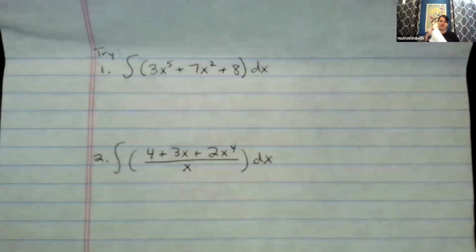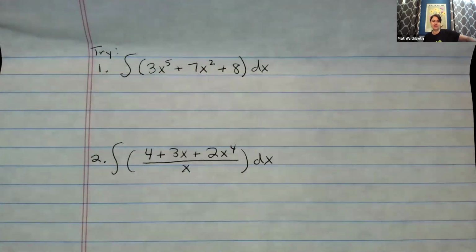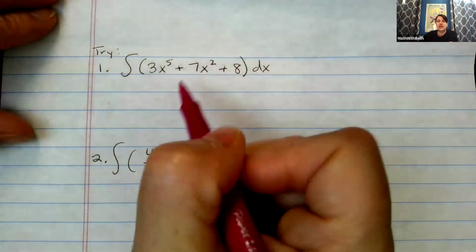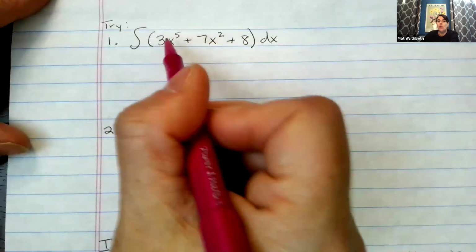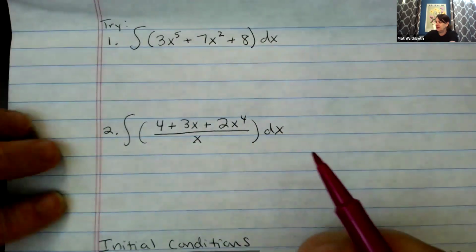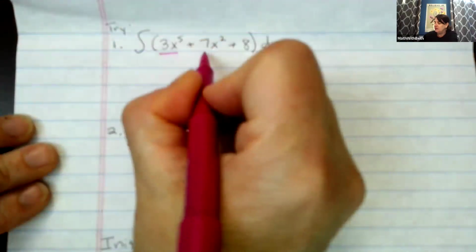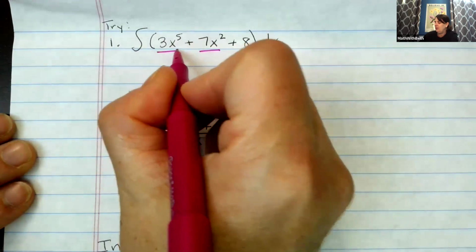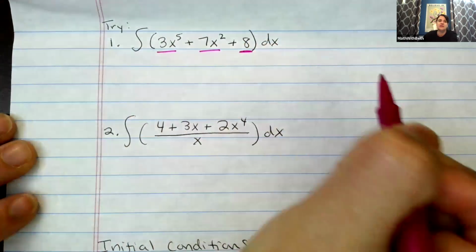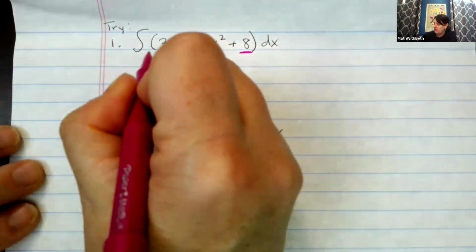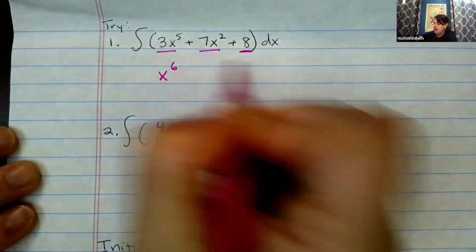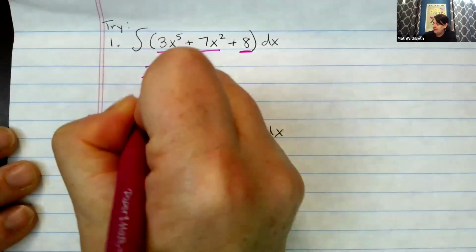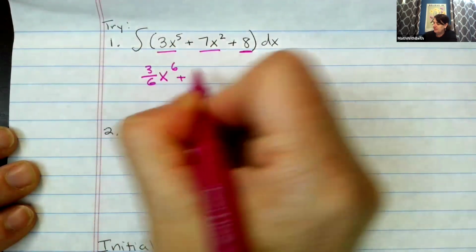So first, if you have a bunch of things being added or subtracted, just like when we did the derivatives, we can do them one at a time as long as they're separate like this. So looking at each one separately, this is going to be the power rule, and the constant rule. So for this first term, I'm adding 1 and dividing by that. So I'll be able to reduce this.